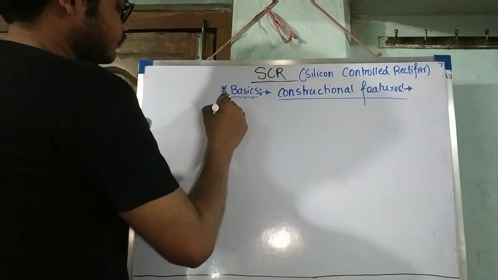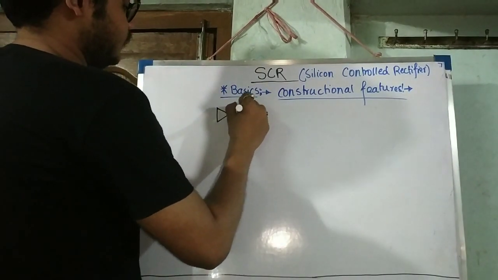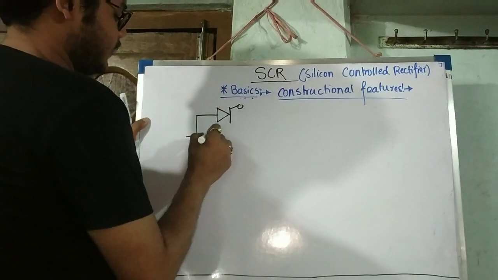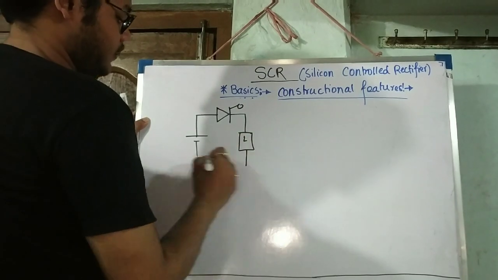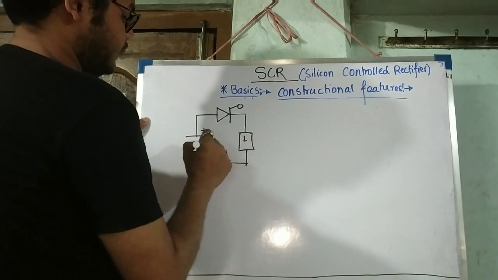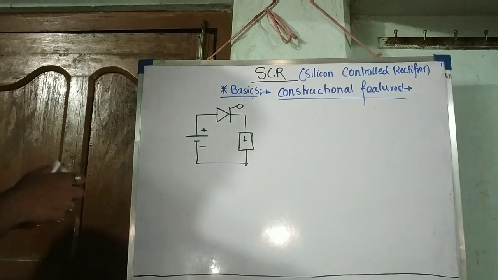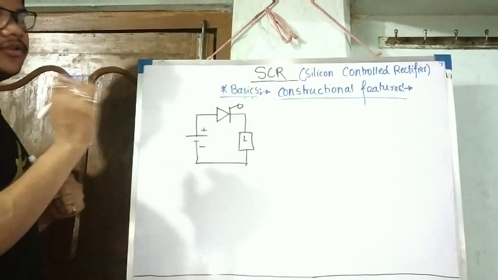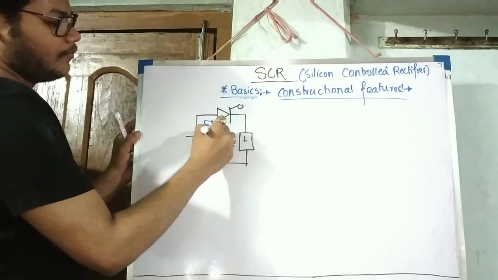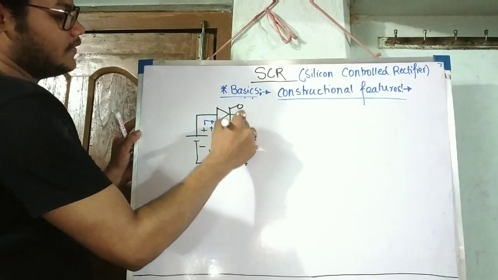Now see what will happen if we connect the SCR like this. Suppose this is your load terminal and plus minus. See the SCR, or suppose let us assume that this is a diode. So this will be forward bias.